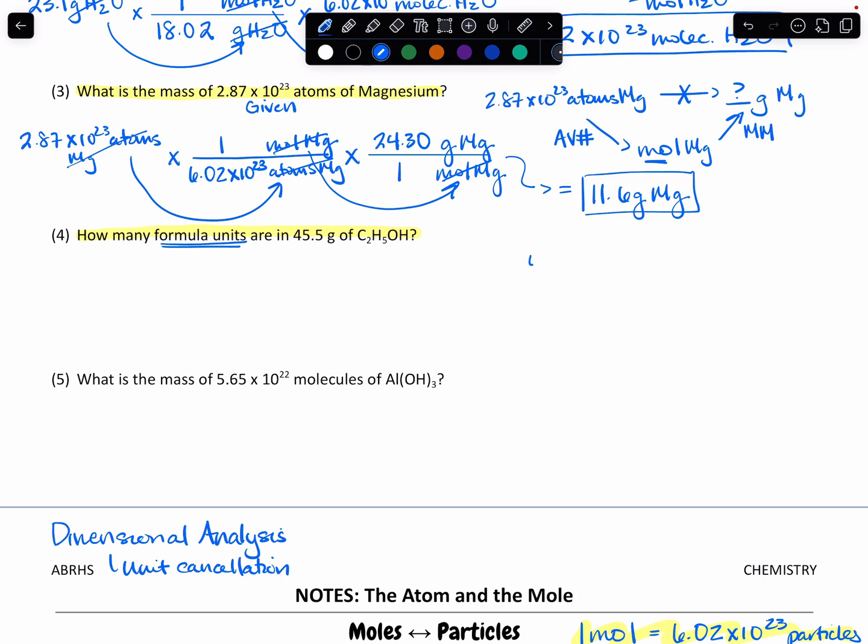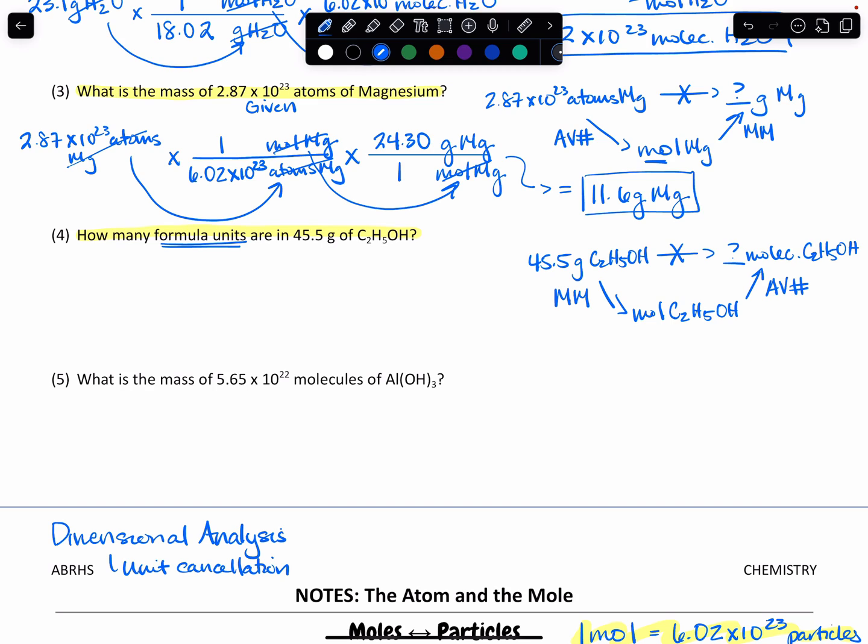We have 45.5 grams of C2H5OH, and we're asked to convert that into molecules of C2H5OH. As we've seen, there's no direct path. So the first thing I'm going to do is convert to moles of C2H5OH, which means I'll need to calculate the molar mass. And then I can go to molecules using Avogadro's number.